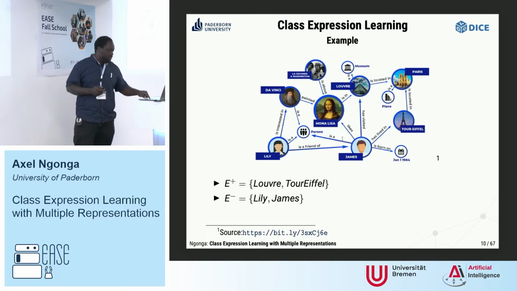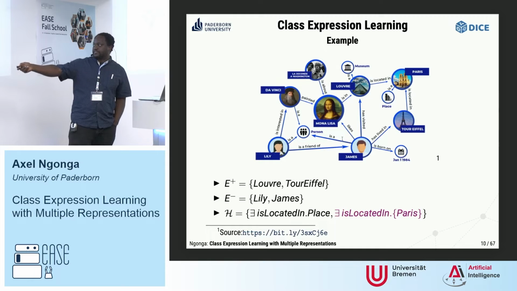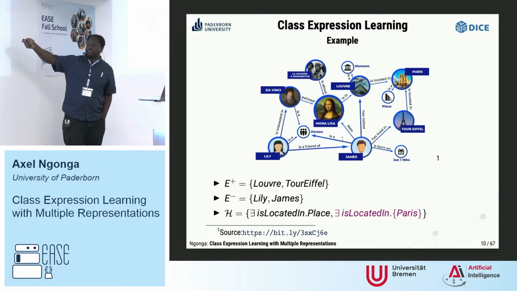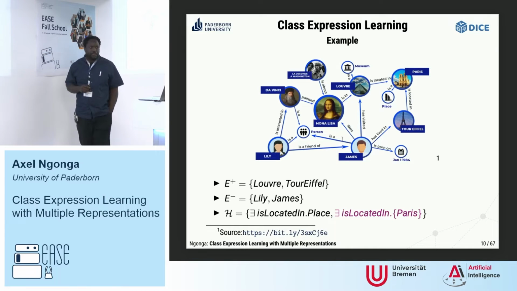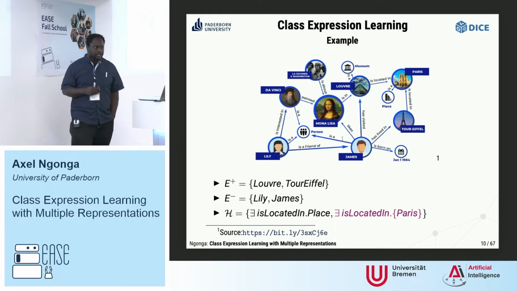And an algorithm will land somewhere here. Half the hypothesis: exists located in place. So if you look at Louvre and Tour Eiffel, they are both located in something which is of type place, and that obviously does not describe Lily and James. They're humans. There's no location information here. Obviously, it already tells you we're dealing with closed world reasoning here.